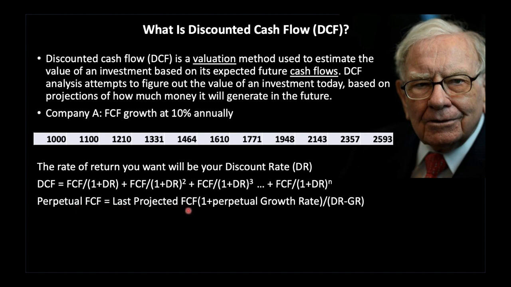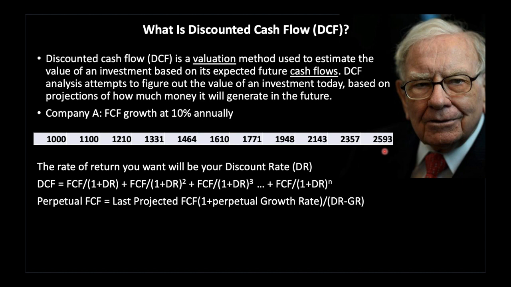It is last projected free cash flow, basically the last one. In this case, if you're going for 10 years, so this one will be this figure here, the last projected cash flow. And then you multiply it by 1 plus perpetual growth rate. And what perpetual growth rate is, it is a growth rate that you think beyond those 10 years the company will be growing with. Meaning it's hard after these 10 years to estimate what growth rate the company will be growing with.